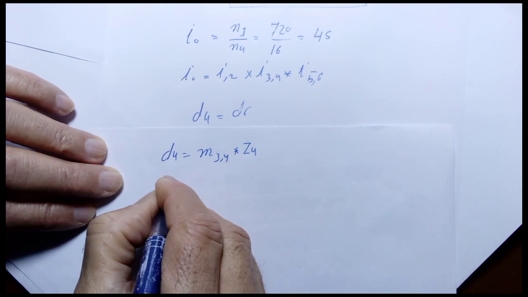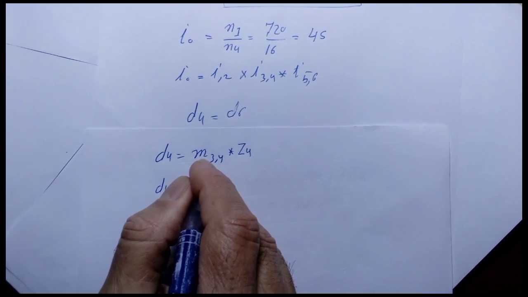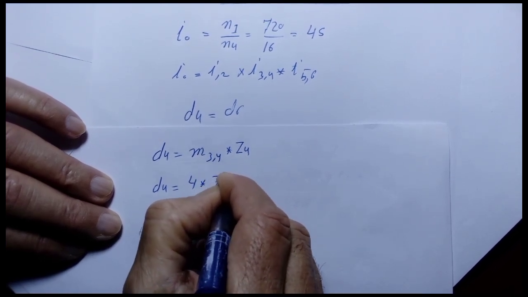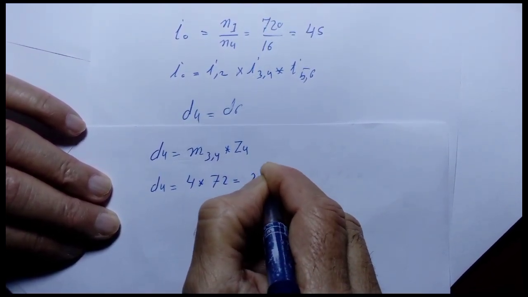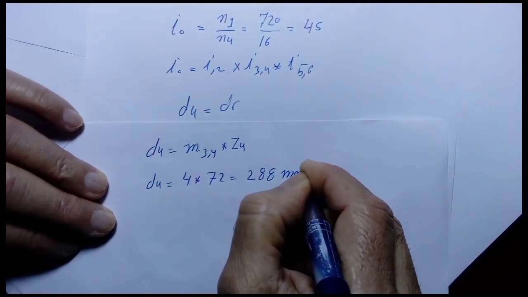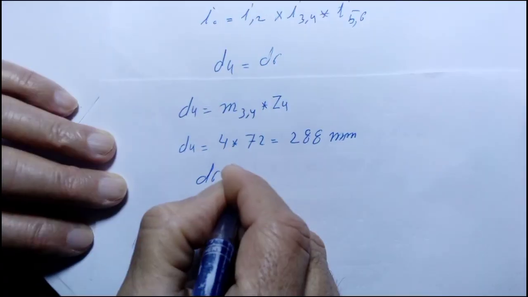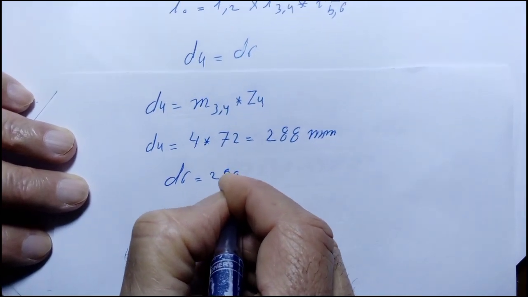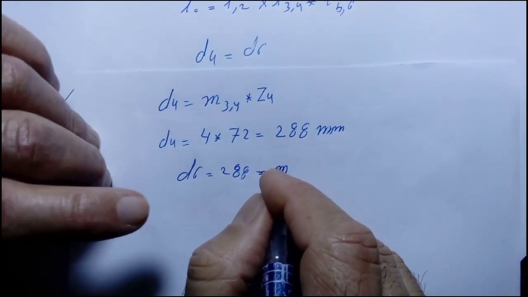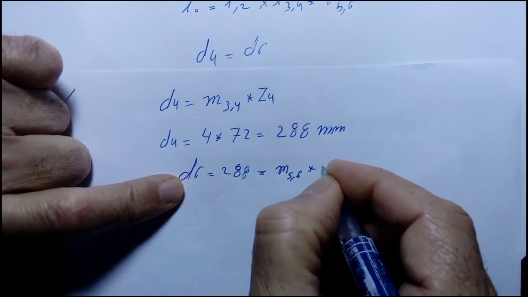Then D4 is equal to M34, which is 4, multiplied by Z4, 72. So it will be 288 millimeters. And this is equal to D6. So D6 is equal to 288, equal to the module of gear 6, meaning M56, multiplied by Z6.